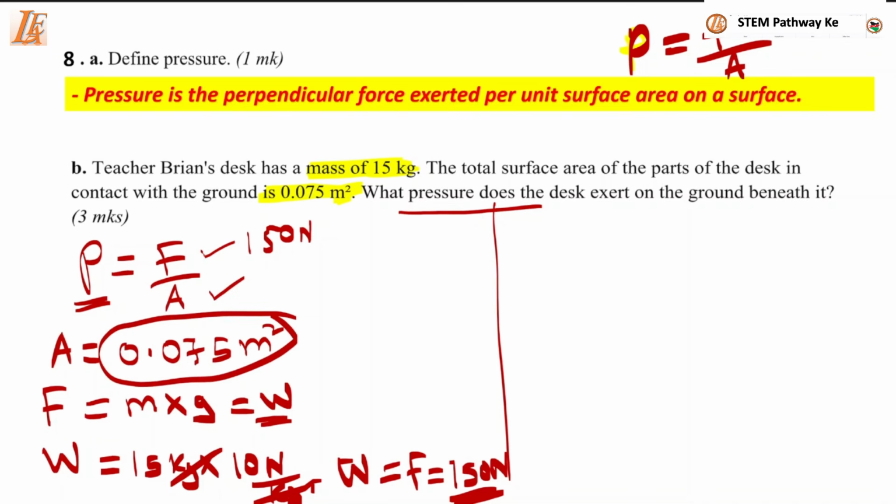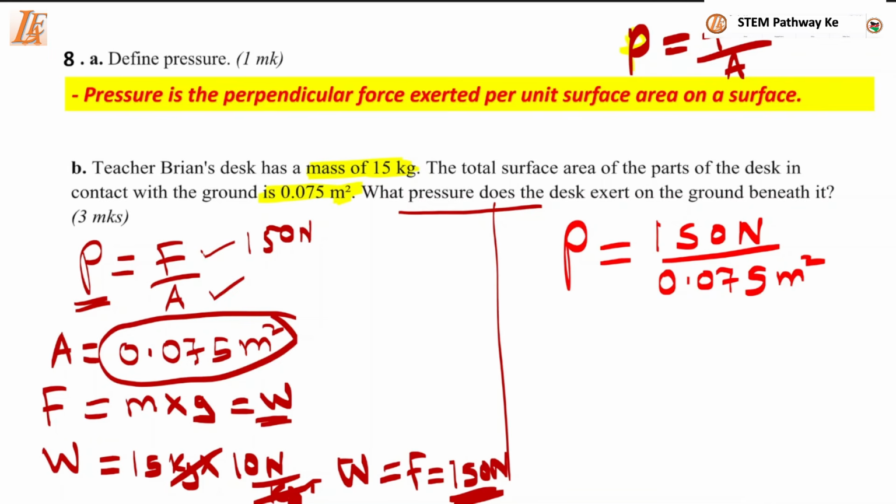0.075. And therefore we can calculate our pressure. We can calculate our pressure as force over area, where we have our force as 150 Newton, divided by an area of 0.075 square meter, which is going to give us a pressure of 2000 Pascal.